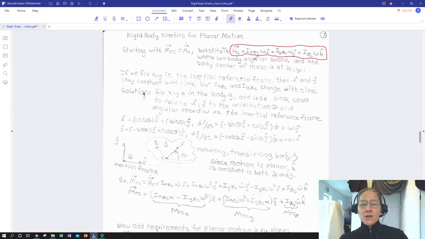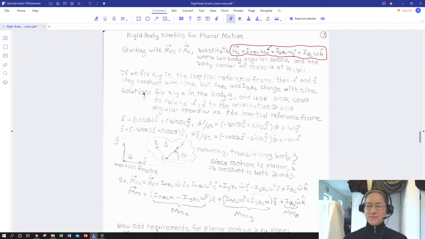Okay? The only problem is, in this case, if we take the first time derivative, we have a choice of what we want changing. If we assume that our x, y, z is staying constant with time, it's the inertial reference frame, then because our moments of inertia are defined in terms of a distance that will be referenced to that, they'll be changing with time.